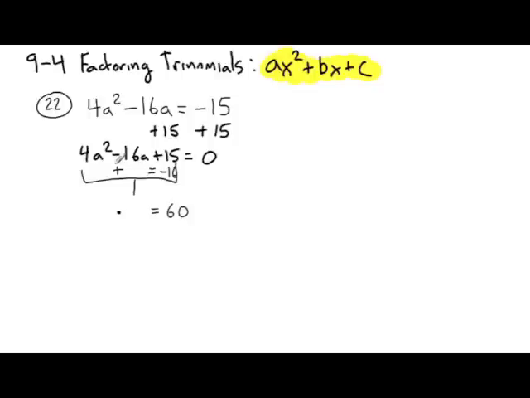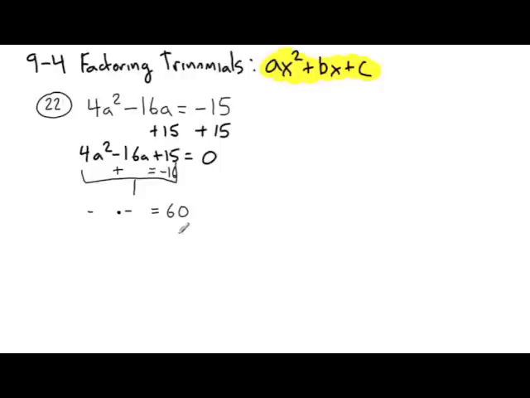However, when we add them, we get a negative. So if you think about it, there's only one possible way. It means that these two numbers are negative, because that's the only way you can add two negative numbers to get a negative and multiply two negatives to get a positive. So we just have to figure out the factors of 60 and find which of them add to negative 16.